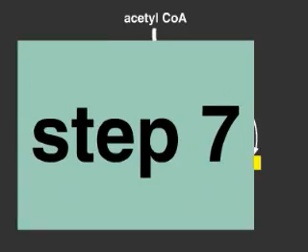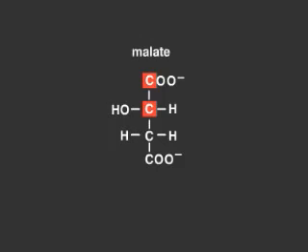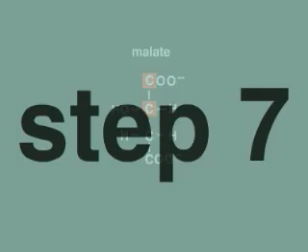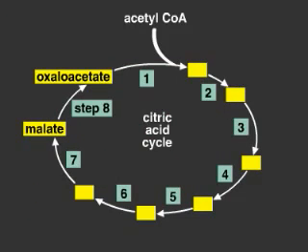In the next reaction, fumarate combines with a water molecule. The resulting molecule is malate, with the water molecule added across the two central carbons. The next step produces the final NADH molecule.